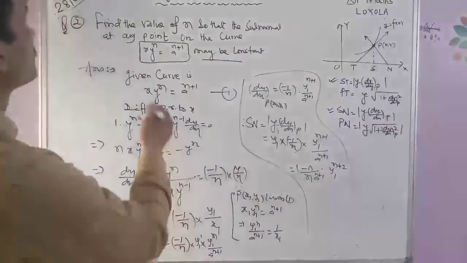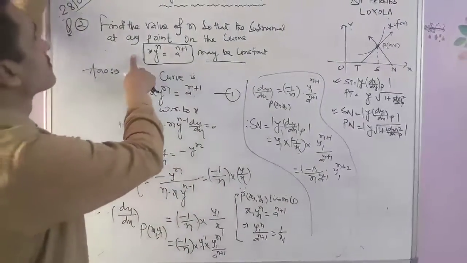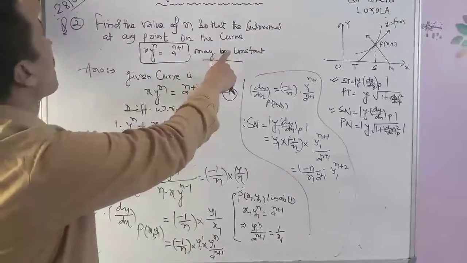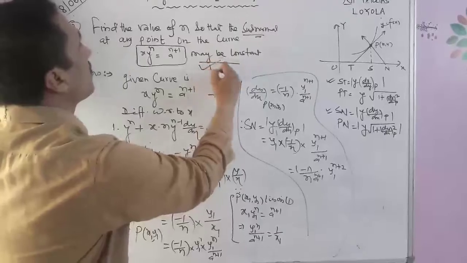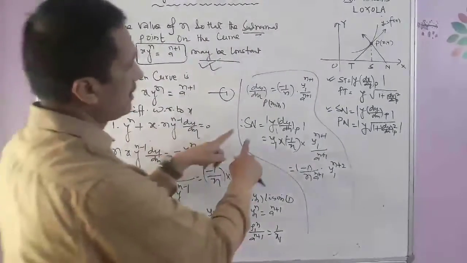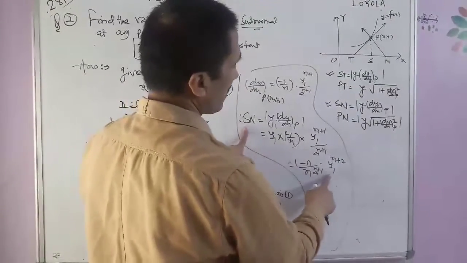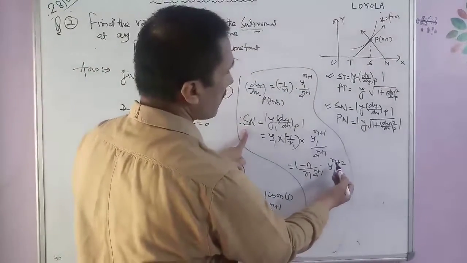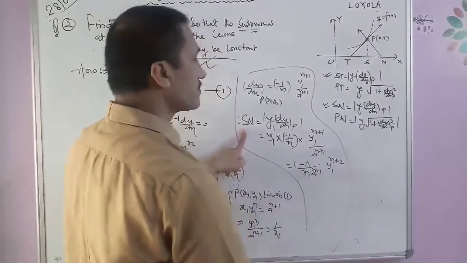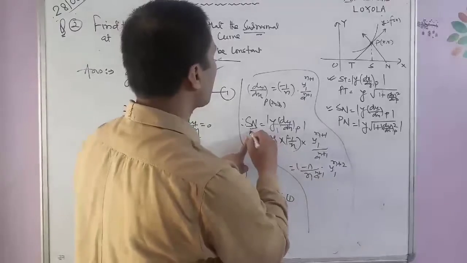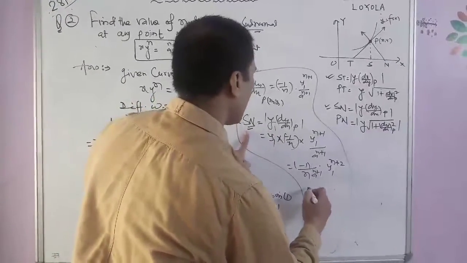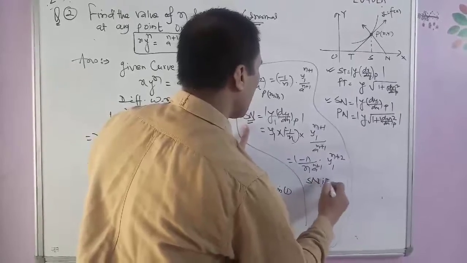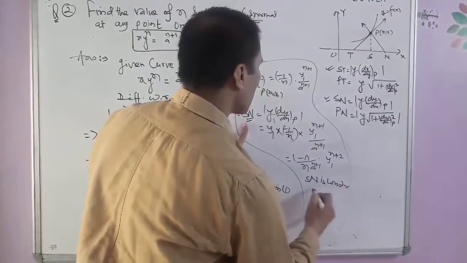Now here we have to find the value of n so that the subnormal may be of constant length. The subnormal Sn is proportional to y1^(n+2), so clearly Sn will be constant only if the power of y1 is 0.